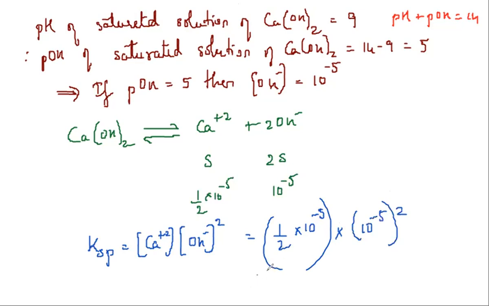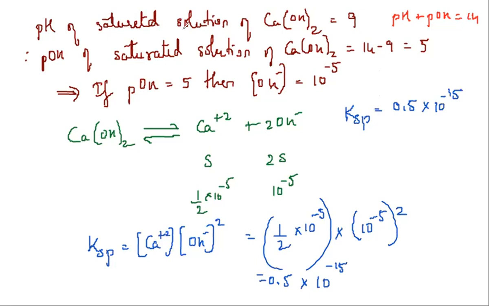Solve it: 1 by 2 is 0.5, into 10 raised to minus 5 times 10 raised to minus 10 becomes 10 raised to minus 15. So KSP is equal to 0.5 into 10 raised to minus 15.